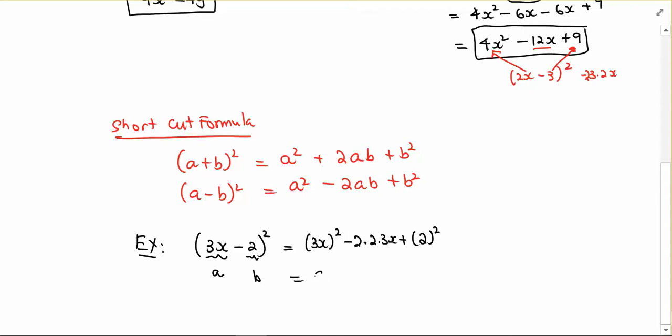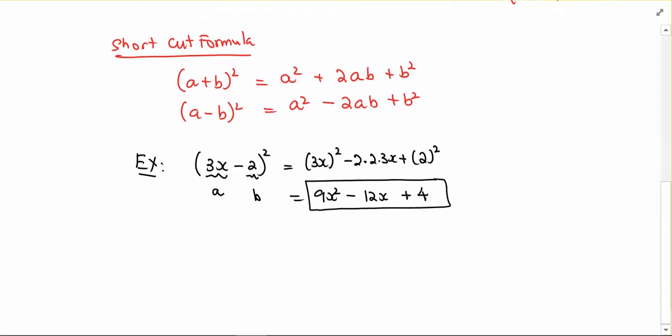So this is 9x squared minus 12x plus 4. You can check this out by distributing in the normal way and see if you get that same answer. But that is a little shortcut formula that might speed things through.